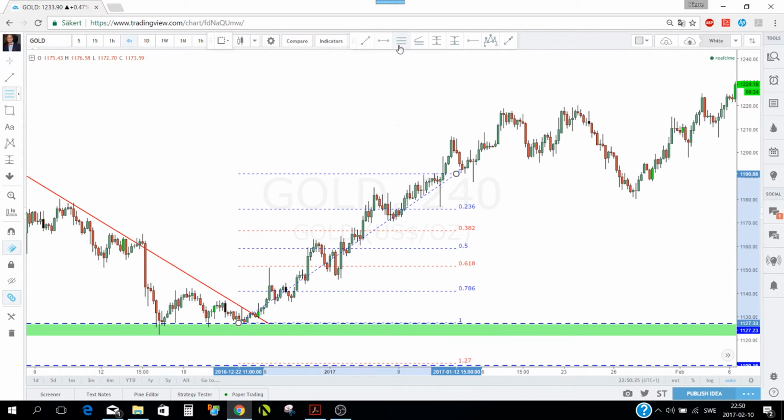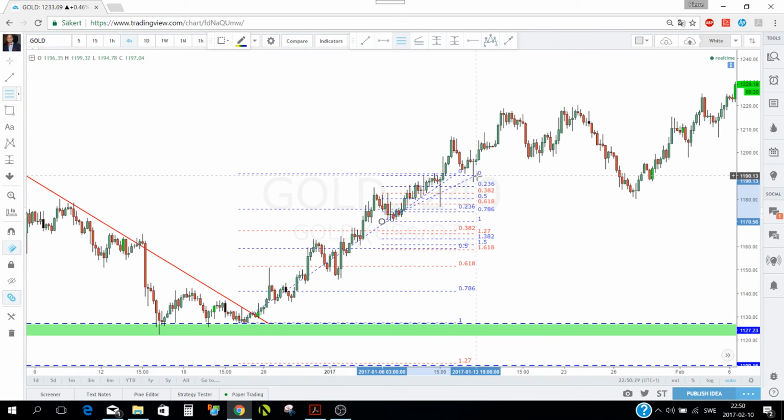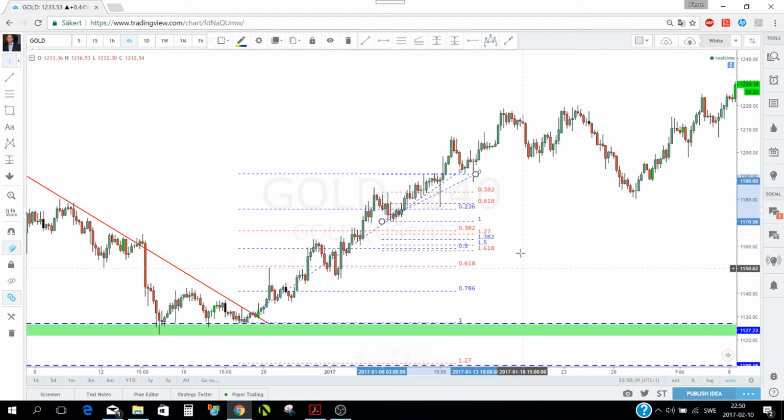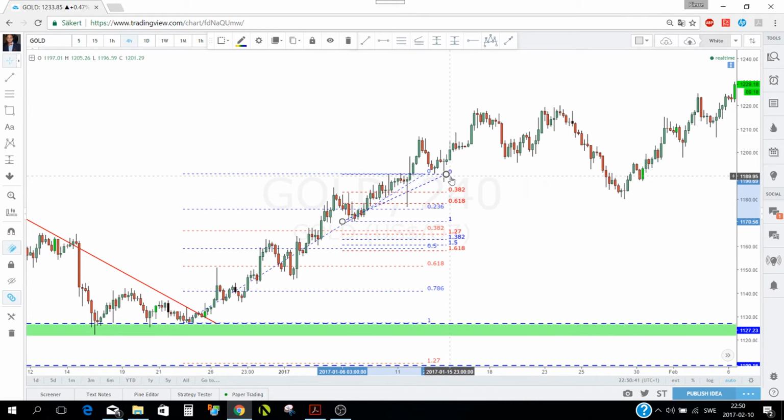And another time I take this last swing low to this last swing high here, and I'm going to delete some of the Fibonaccis because we don't need all of them right now. As you see here, we have the 23.6 and the 61.8 almost at the same area.